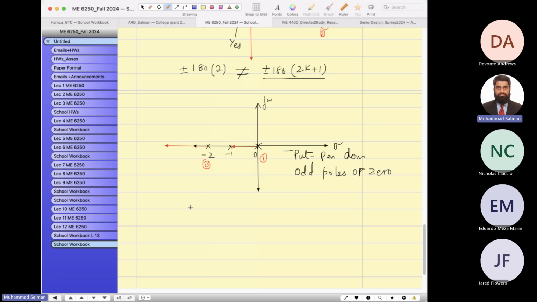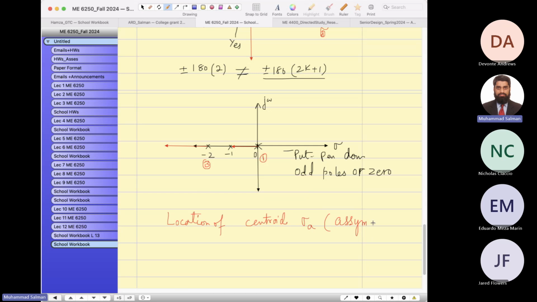Another formula here, how to find out the location of the centroid, sigma A. What does centroid mean? The asymptotes.